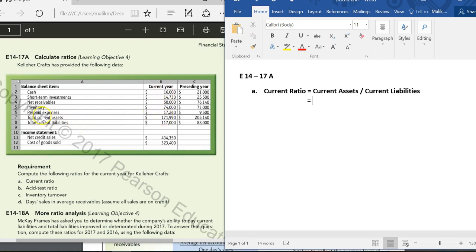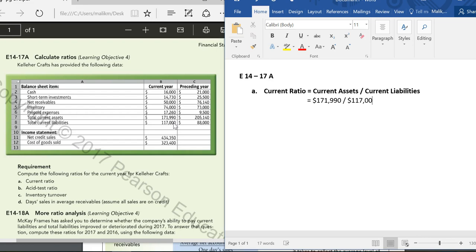Here your total current assets is given: 171,990. That's your numerator, the top part. You divide it by current liabilities, which is also given here. Remember, we are doing this for the current year, so I'm just taking the current year's information. Your total current liabilities is 117,000.